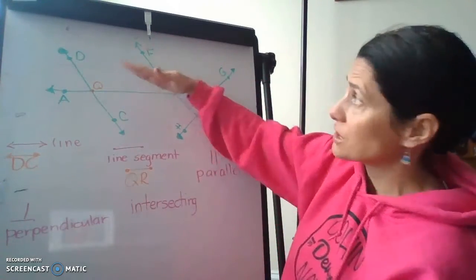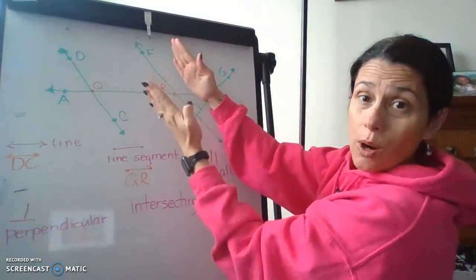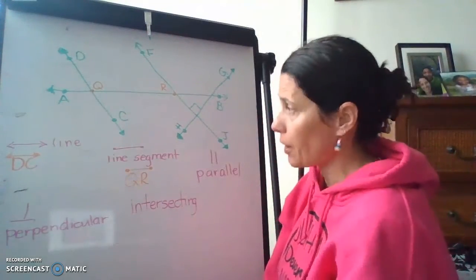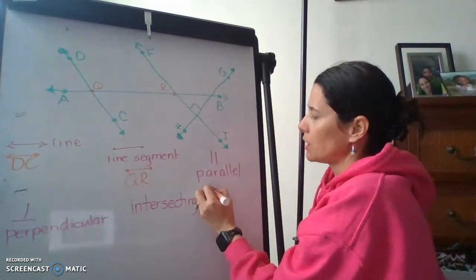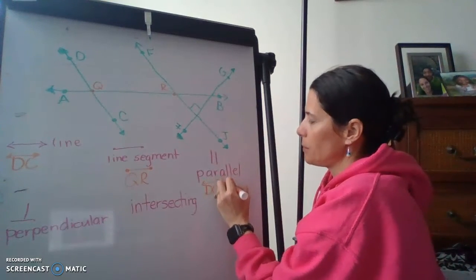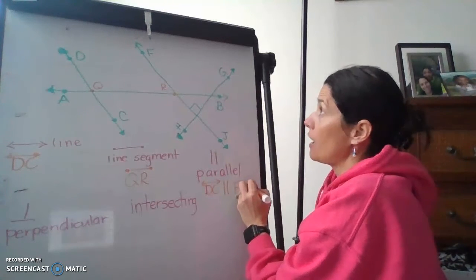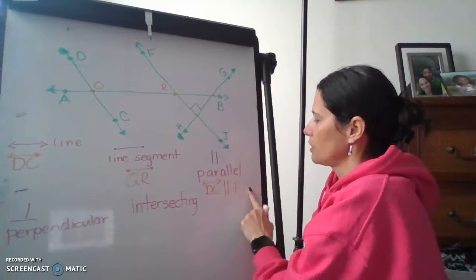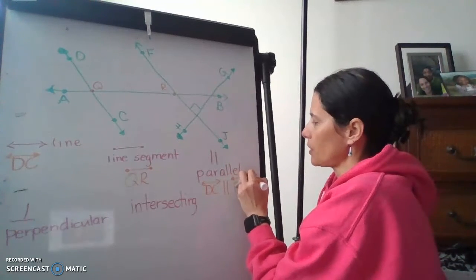So if this one was tilted more, that means they would meet eventually. But these two are parallel. They're equally far apart. So this is how we would write it, would be line DC is parallel to FJ. And we can't forget to put those little symbols on the top right there.